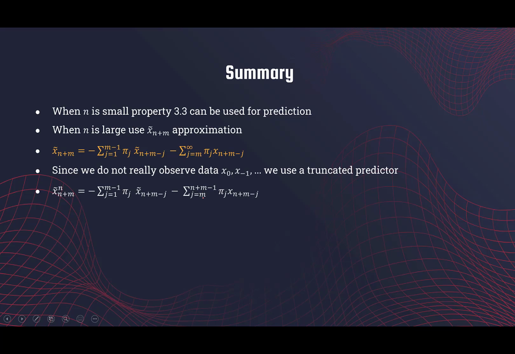And if j takes the value n plus m minus 1, this is going to be minus n minus m plus 1. So you're going to be left with x_1. x_1 is as far back as we want to go, right? So the last term you're left with is x_1. Here you go to x_{-infinity}. This is the truncated predictor. This is what we execute in an actual application.